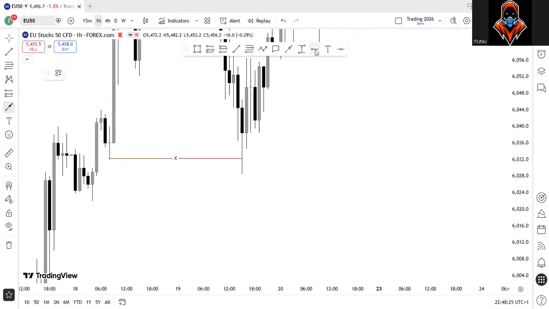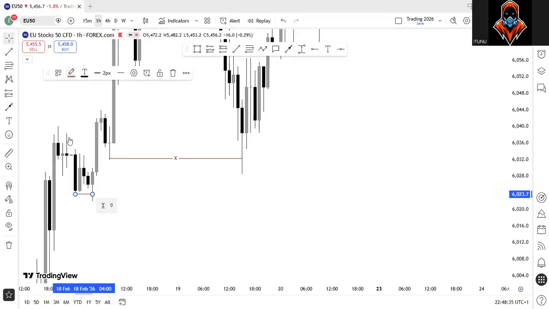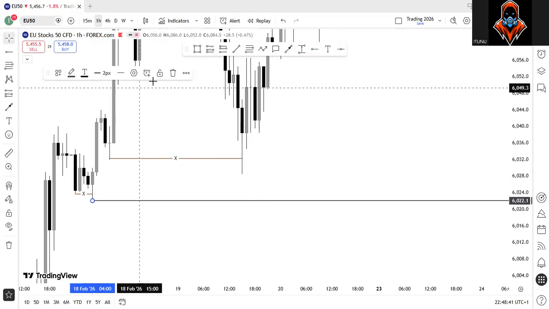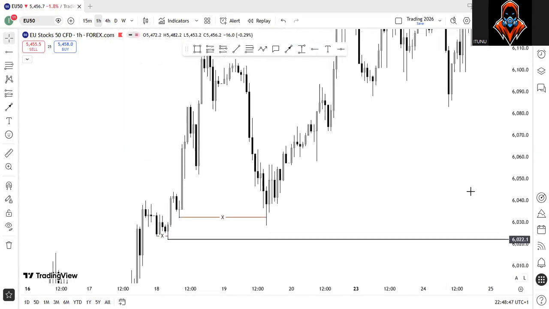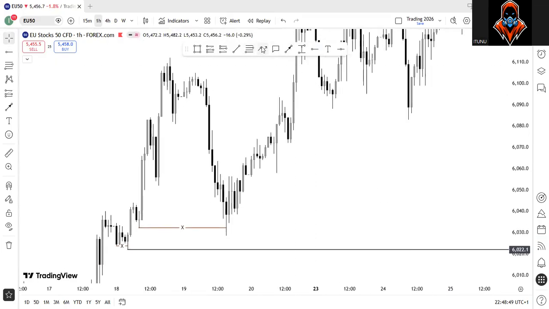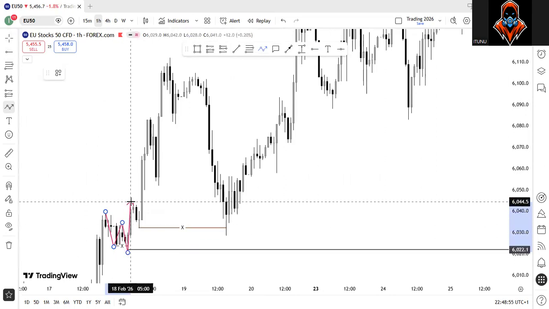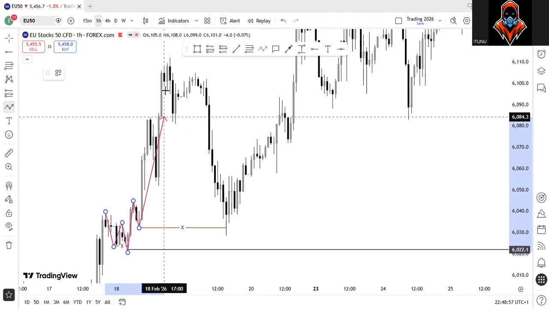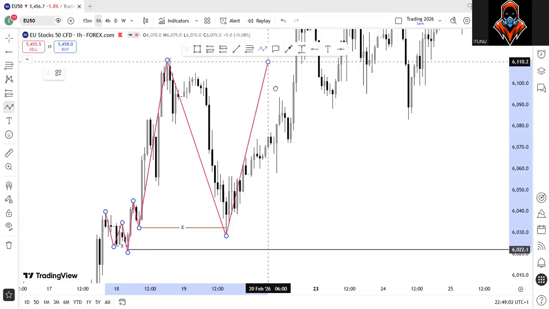We see the sweep of the previous structure. Then what we see in the market is this sweep goes up, comes here, down, then comes back to this liquidity and takes out the overall target.